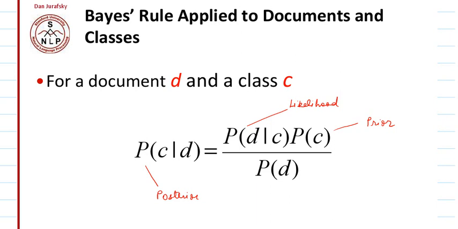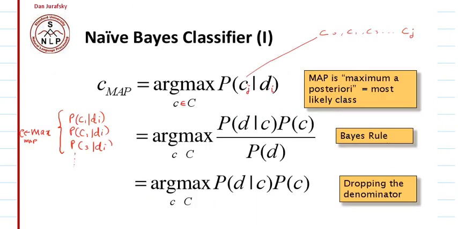Maximizing the posterior is called maximum a posteriori, and maximizing the likelihood is called maximum likelihood estimation, right? So we are trying to maximize p of c given d, and we get that class which will be c MAP, that is maximum a posteriori.